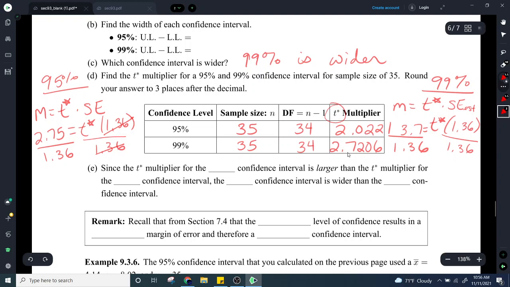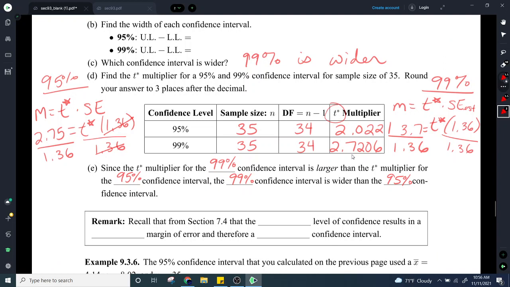Which one of these is larger, the 99% interval or the 95% interval? Hopefully it's the 99% interval you see. Since the t star multiplier for the 99% confidence interval is larger than the t star multiplier for the 95% confidence interval, the 99% confidence interval is wider than the 95% confidence interval. It's exactly the same as it was back in chapter 7.